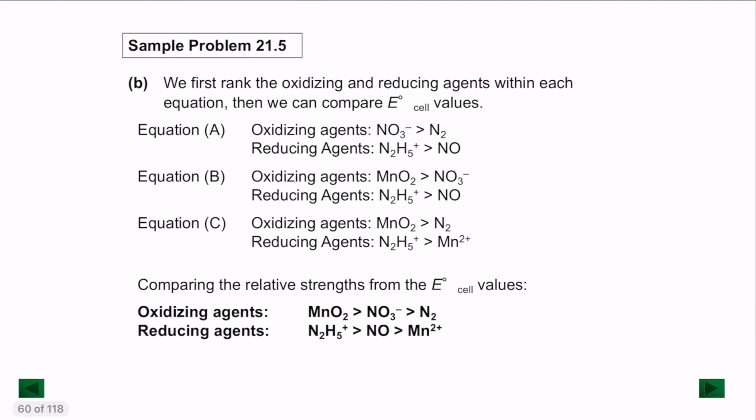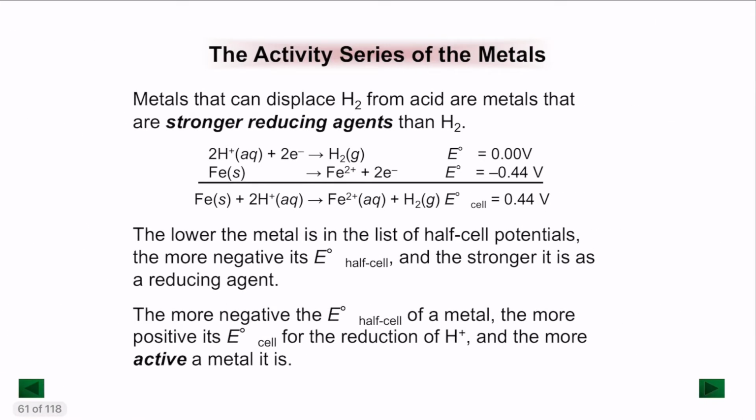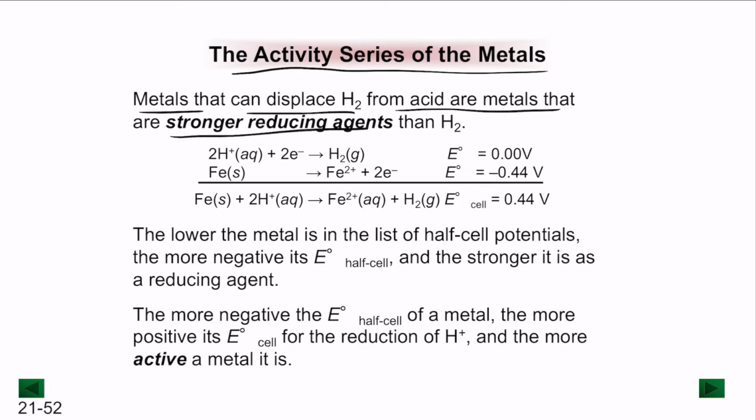So now let's continue our topic, the activity series of metals. Metals that can displace hydrogen from acid are stronger reducing agents than hydrogen. So whenever you have, for example, 2H plus 2 electrons giving H2, and you have iron which becomes Fe2+ plus 2 electrons, iron here is considered to be a strong reducing agent.